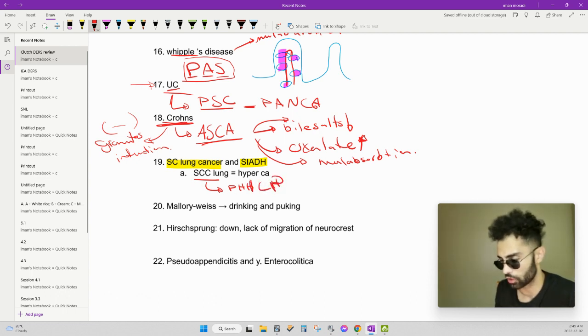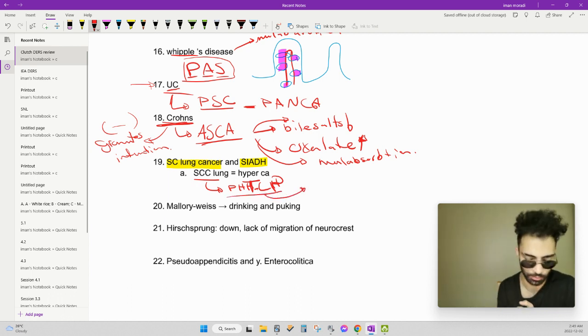It's not PTH, but it has a similar effect, and that leads to the intestine taking more calcium than it needs to, the nephrons taking up all the calcium, and the bone releasing calcium. So it increases calcium.